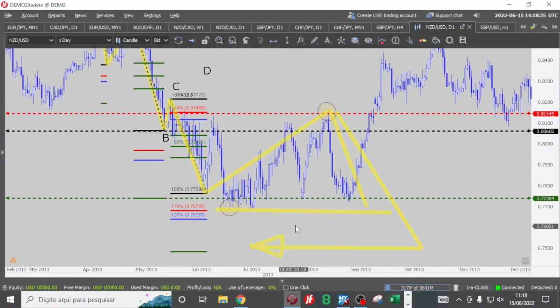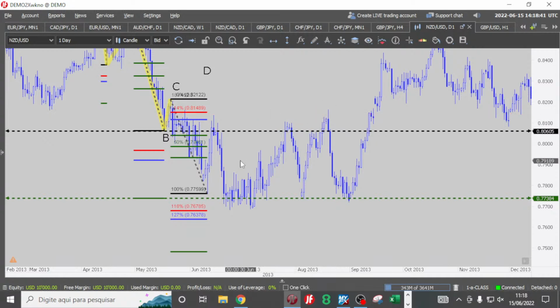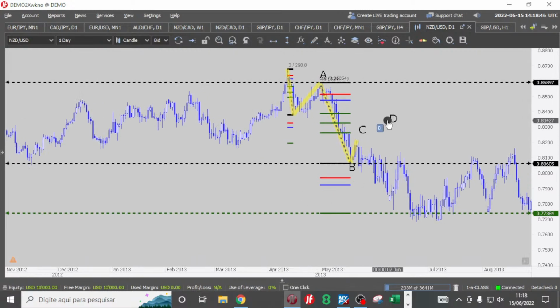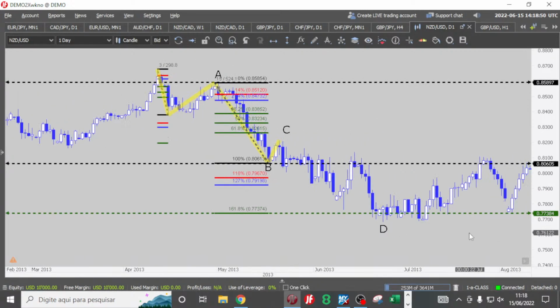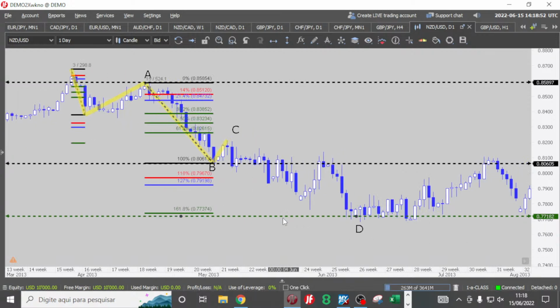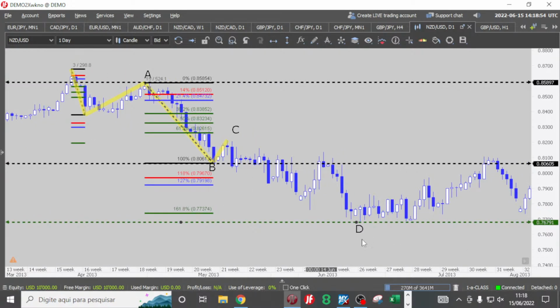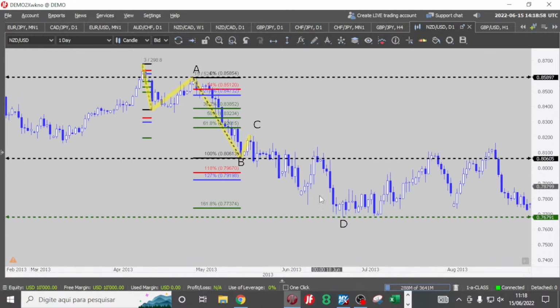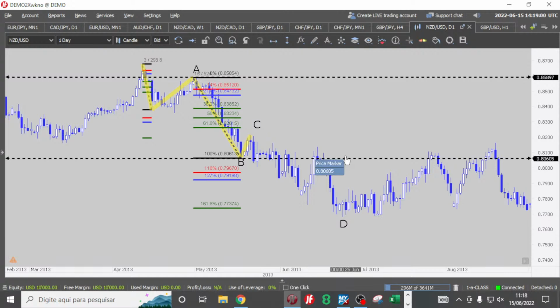Yes, you would. See everybody how difficult it becomes if we are not precise. So ABCD, this is our D extension down in here. The first circle did not hit or touch the green, so this is our D, right? And there we go.